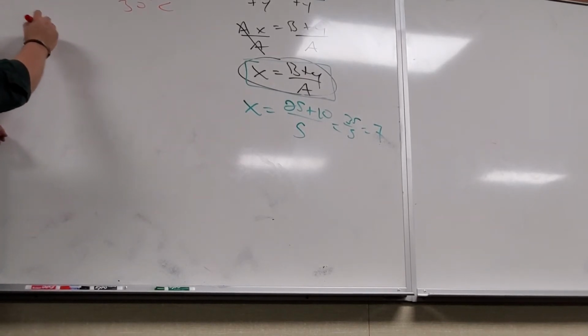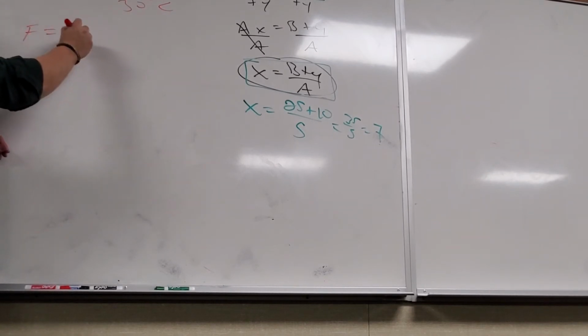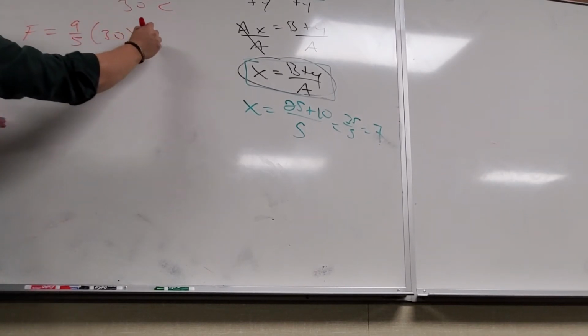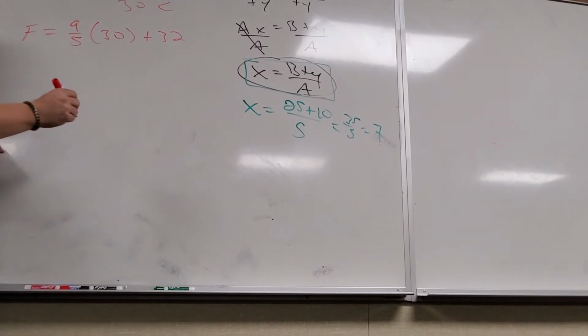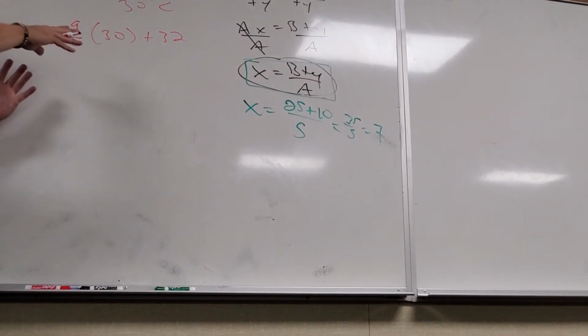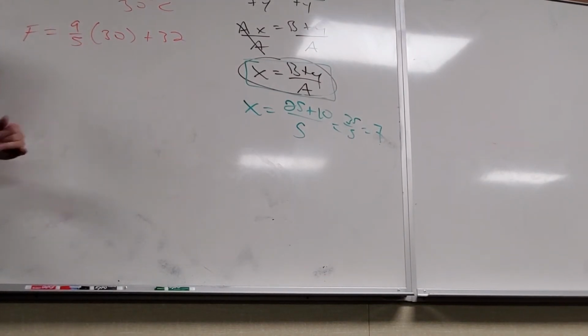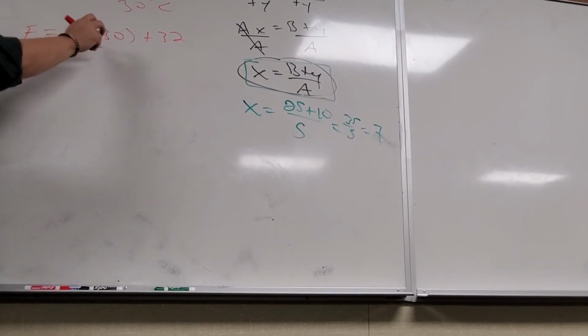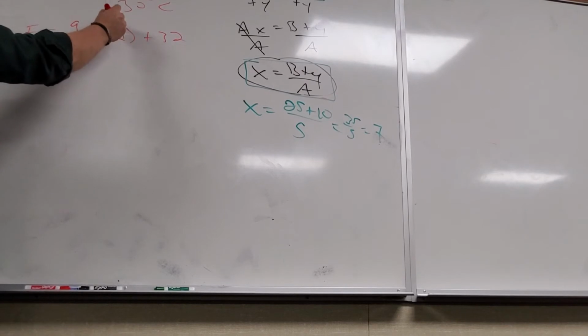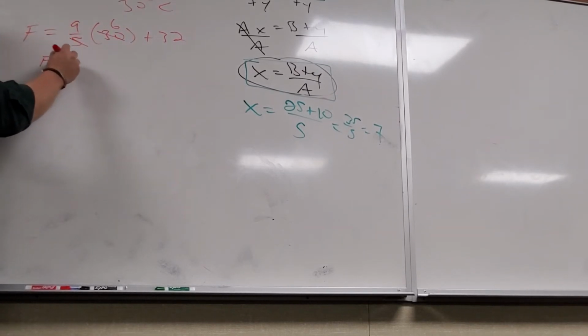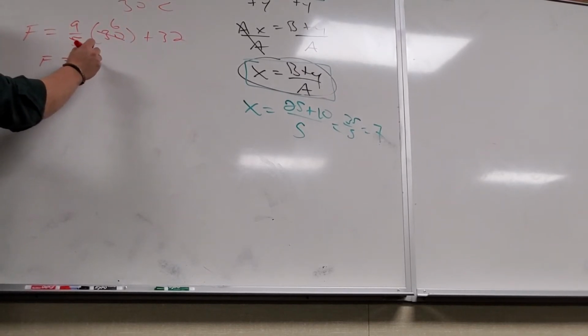So if I plug in 30, how do I solve it? This is just simplification. 5 goes into 30. 6 times 9 is 54.